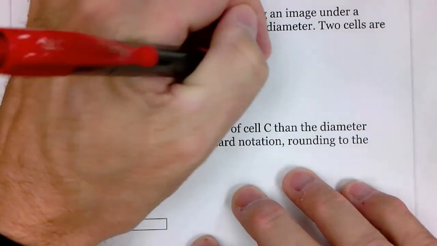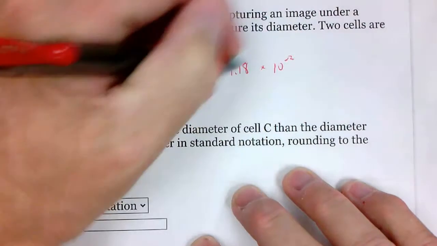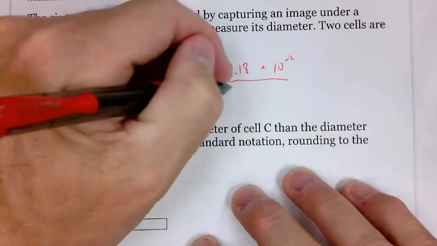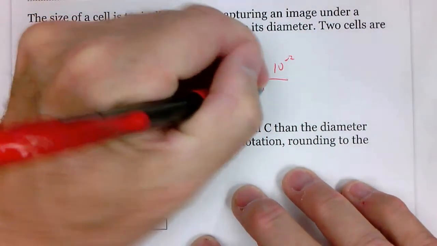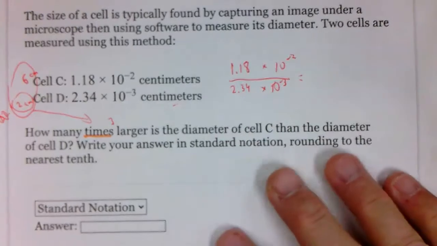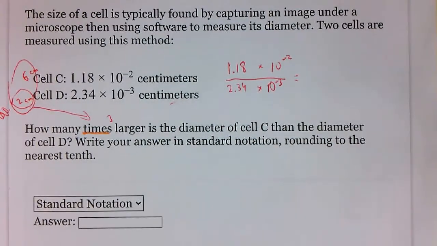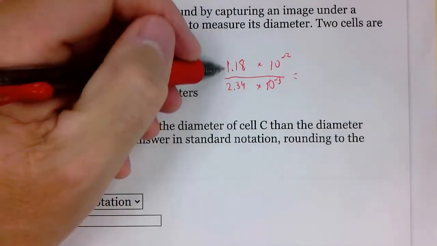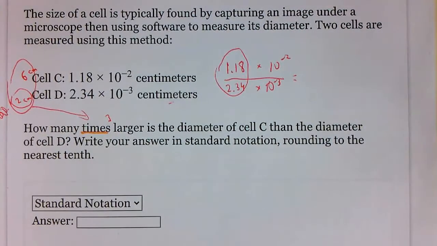This is 1.18 times 10 to the negative second divided by 2.34 times 10 to the negative third. And how do I divide numbers in scientific notation? Well, I divide this part, so let me do that. 1.18 divided by 2.34.